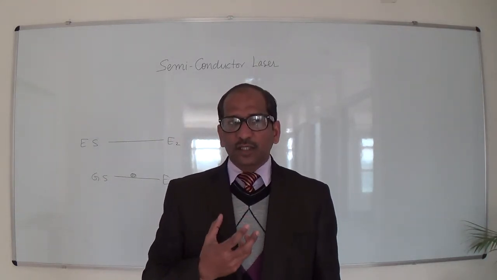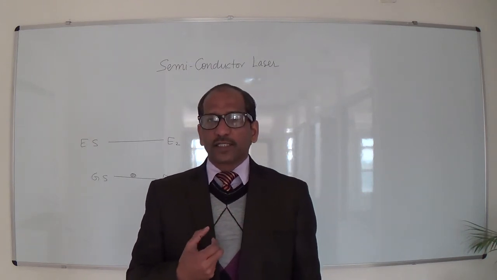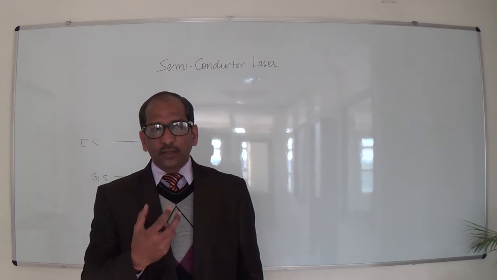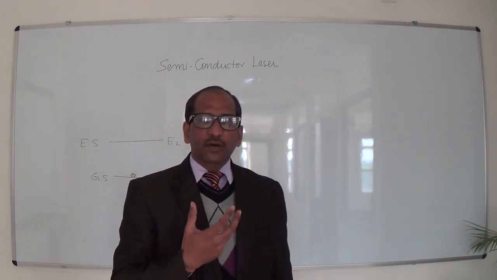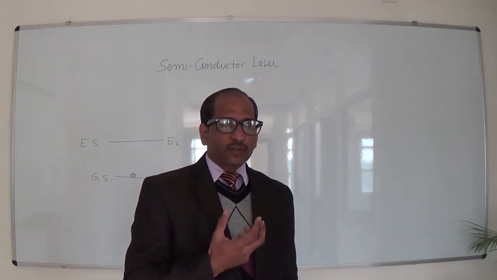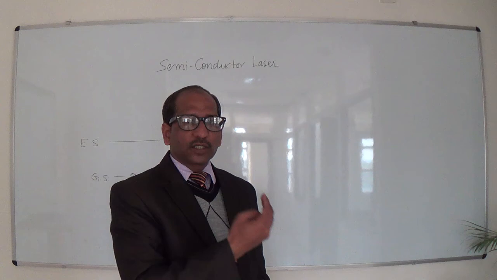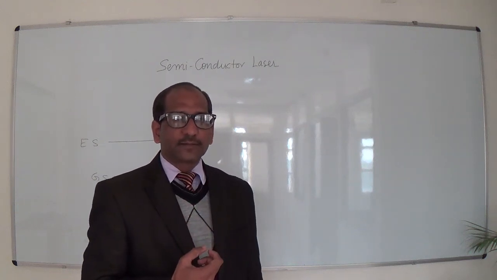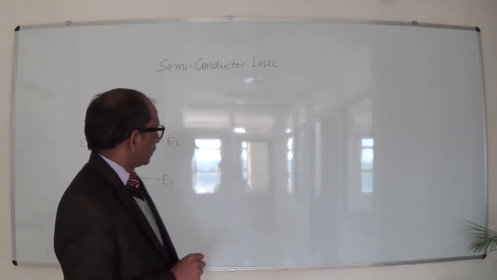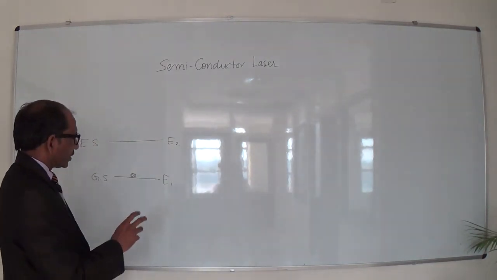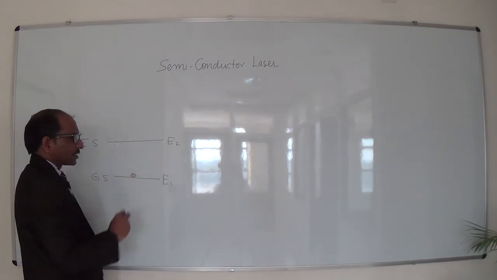Ground state means the atom has its normal electronic configuration, with electrons filled in orbits according to the Pauli exclusion principle, and the distribution of electrons in different energy levels according to Hund's rules. If somehow we change the electronic configuration, that state corresponds to the excited state.